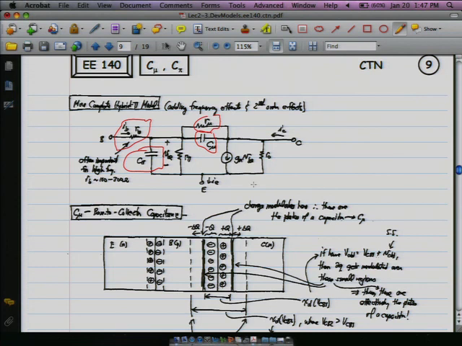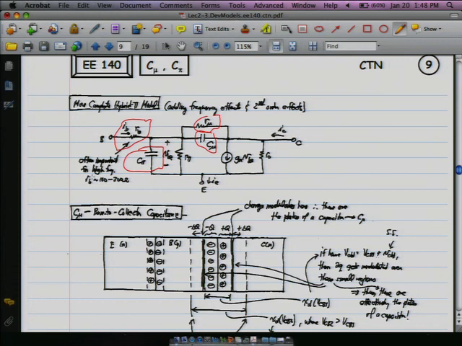This resistor is usually fairly small, but at the point that you get into higher frequencies, that actually becomes important. And so that's why we actually have to include it in this model, even though relative to everything else, it seems like it shouldn't be that huge of a deal, but it shows up later.